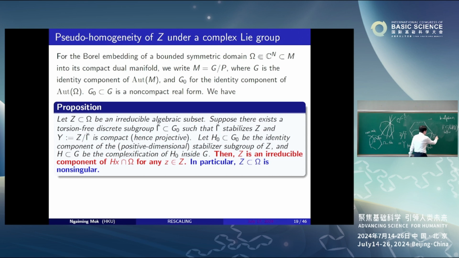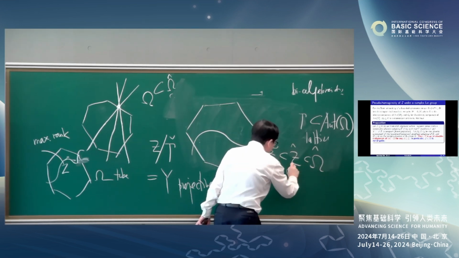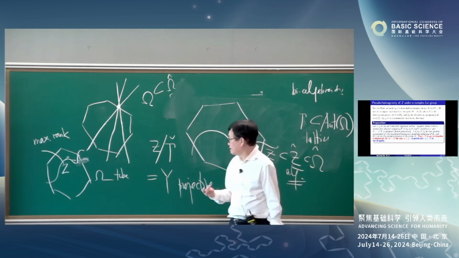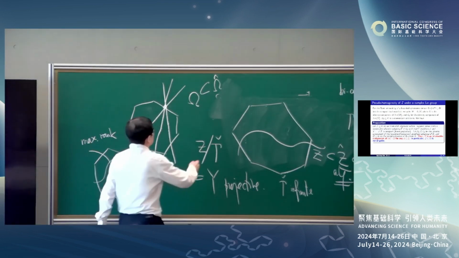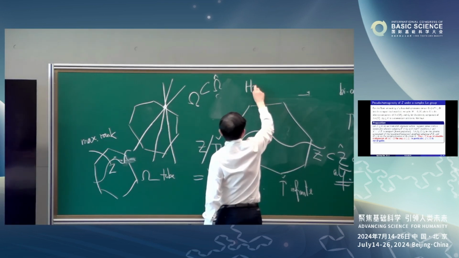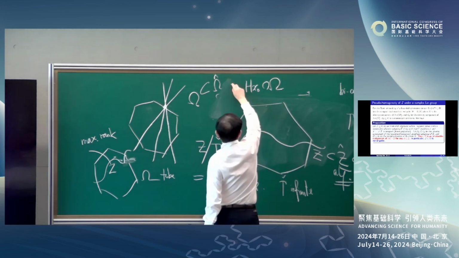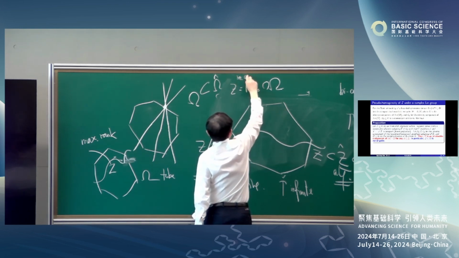Z is inside Z check, and this is algebraic. Actually you can show that this is H acting at a certain point and then intersect with omega. So Z is equal to this, or some irreducible component of this.